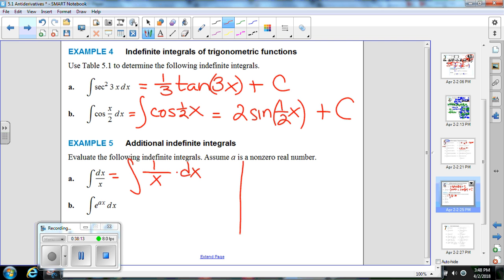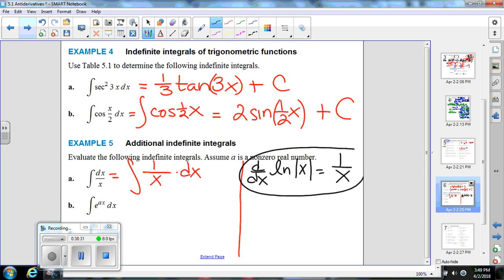Because the derivative of the natural log of the absolute value of x is 1/x, when we integrate 1/x, it's going to be the natural log of the absolute value of x plus c.